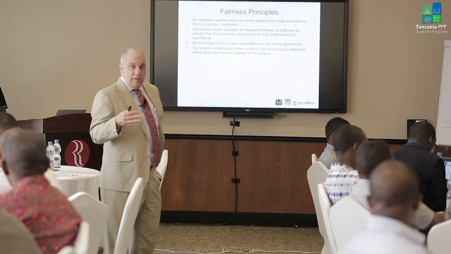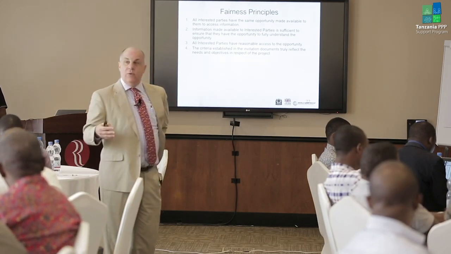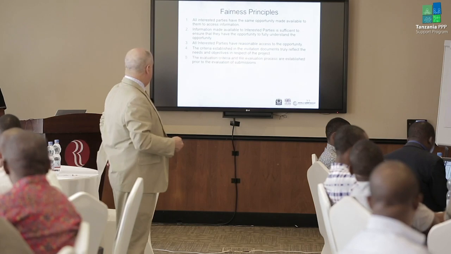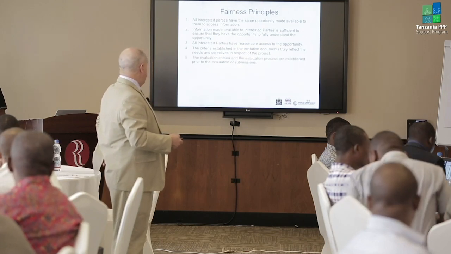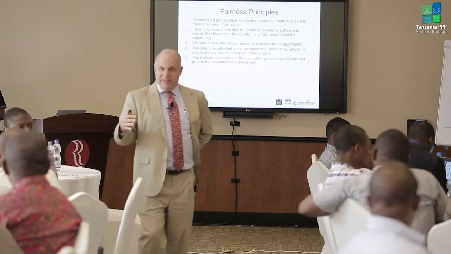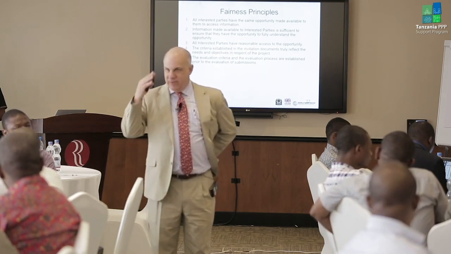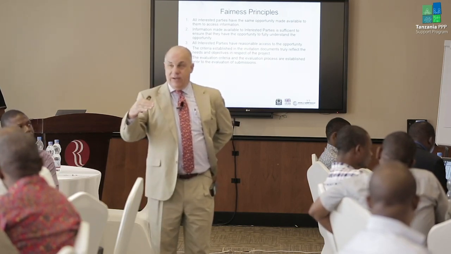The criteria really need to reflect your output specifications, what you want the project to do. Make sure this, which sometimes is forgotten: establish that criteria early, and don't change it or don't change the goals once you're in procurement.